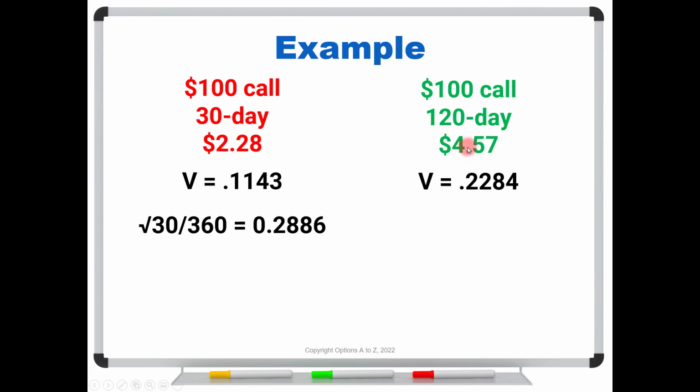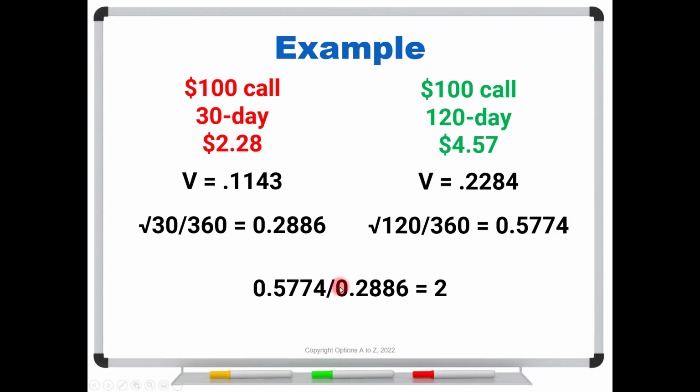Over on the right, we're going to take the square root of 120 divided by 360, or a third. You could also take the square root of 0.33, get about 0.5774. If we divide these two numbers out, 0.5774 divided by 0.2886, we get our scaling factor of 2. Now, once again, you might say, why go through all that trouble? We could have gotten that same answer by looking at the prices.